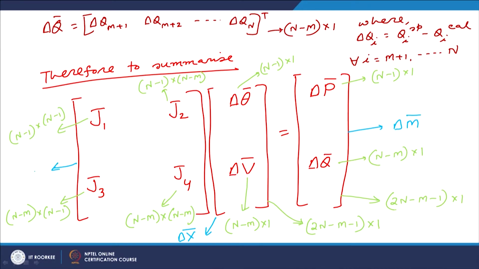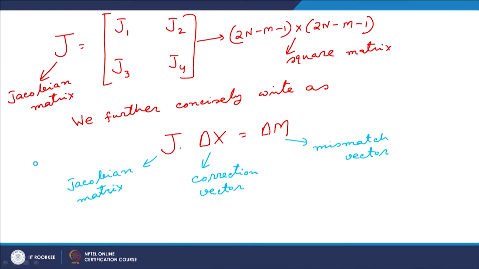And this big matrix is called the Jacobian matrix. As we have already seen in our basic Newton-Raphson numerical method, to calculate delta x, delta x is equal to J inverse into delta m.